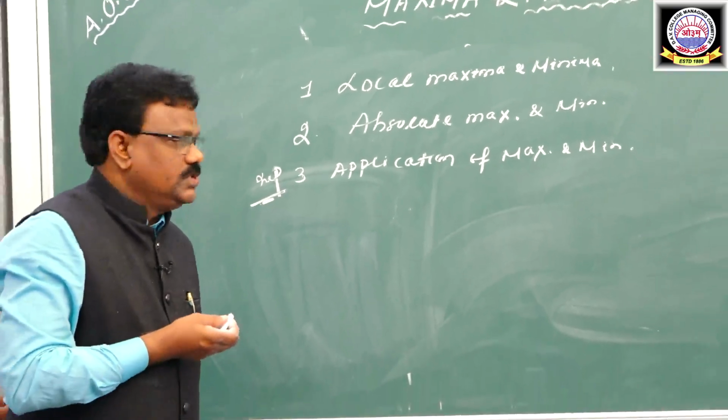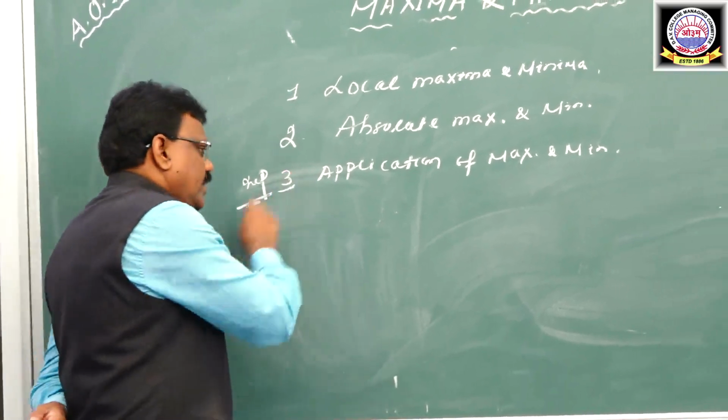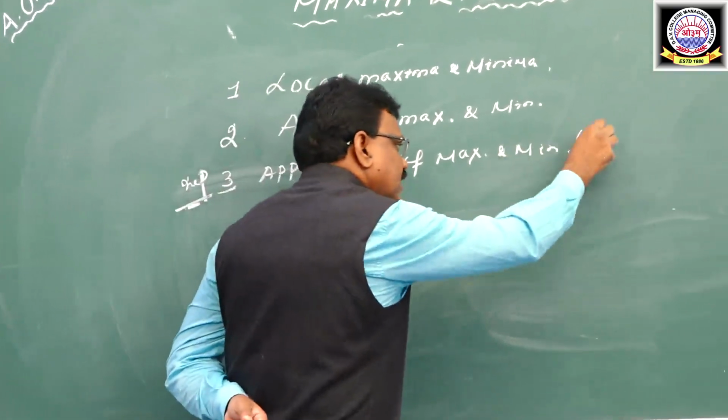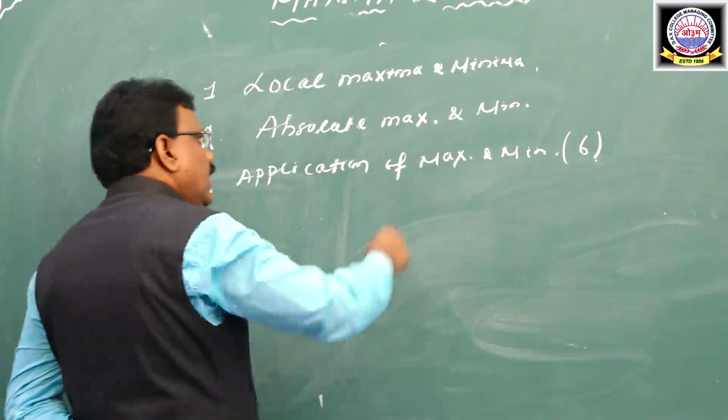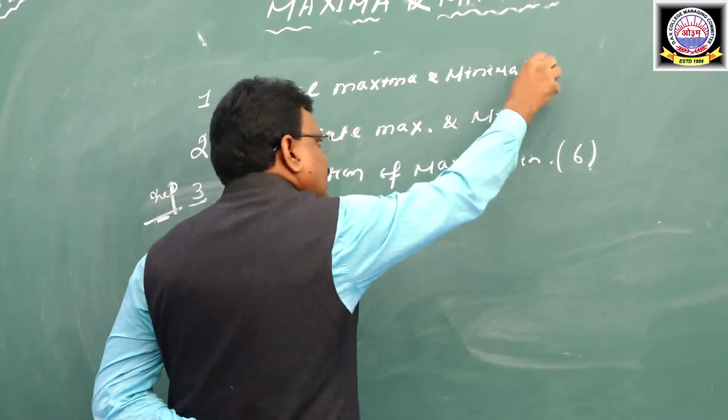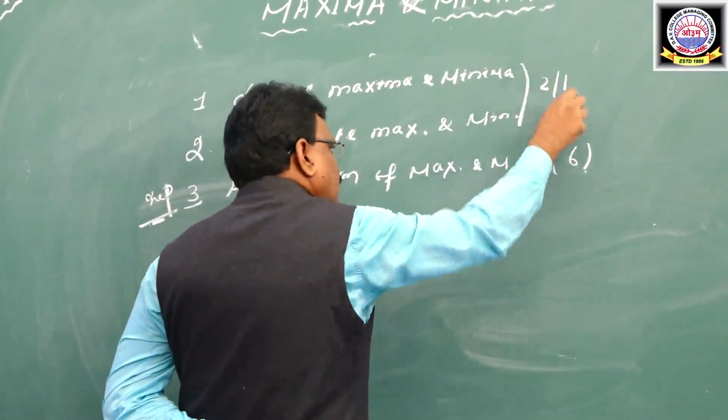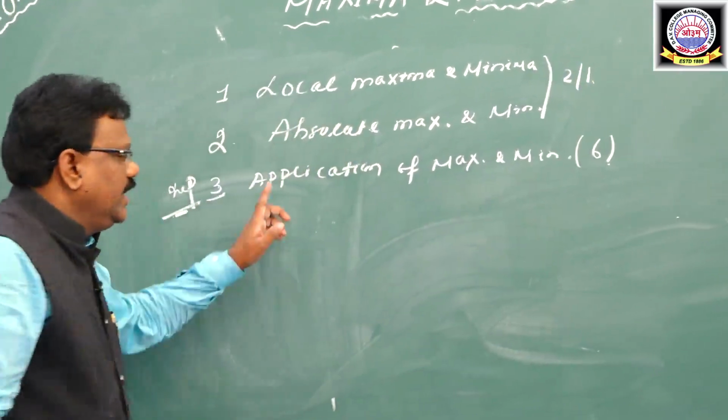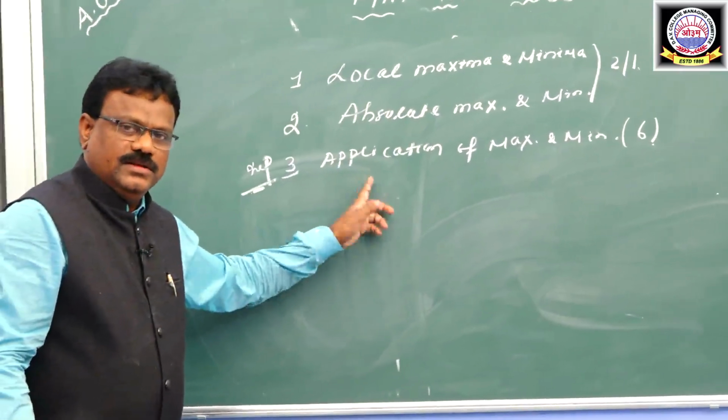Maximum application will be in mensuration. So this is very important, and every time one 6-mark question is coming from here, and sometimes 2-mark or 1-mark questions are coming. So this is a permanent one to get the 6 marks.